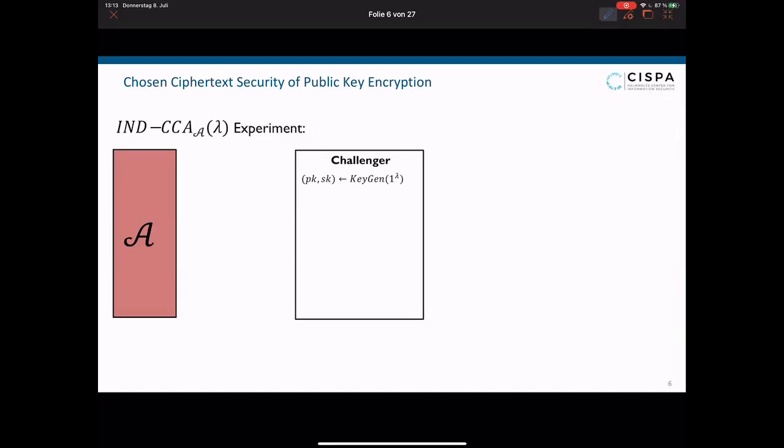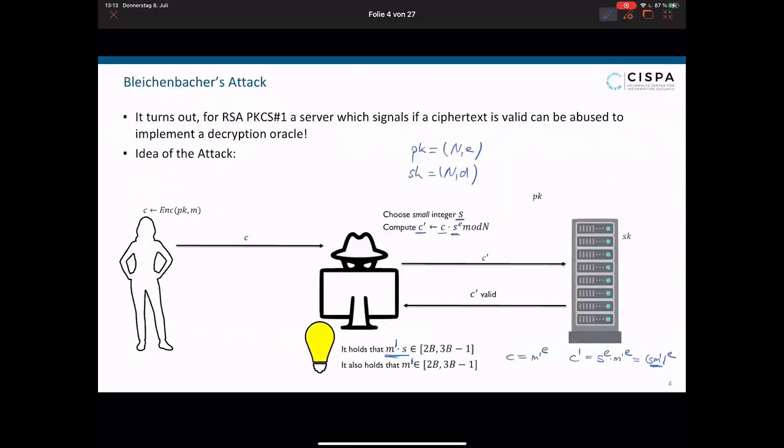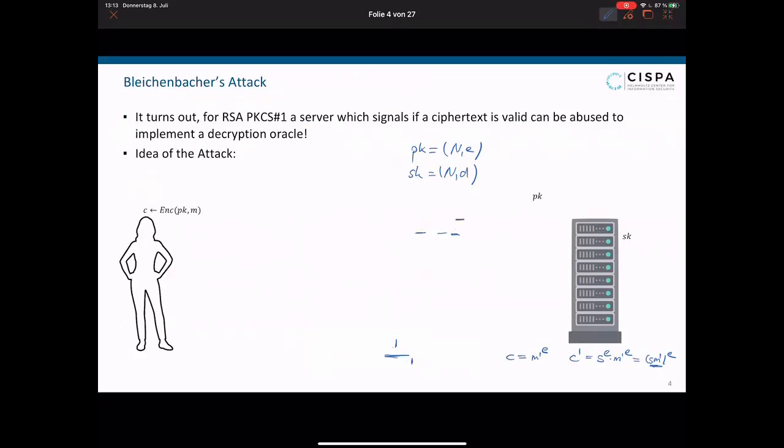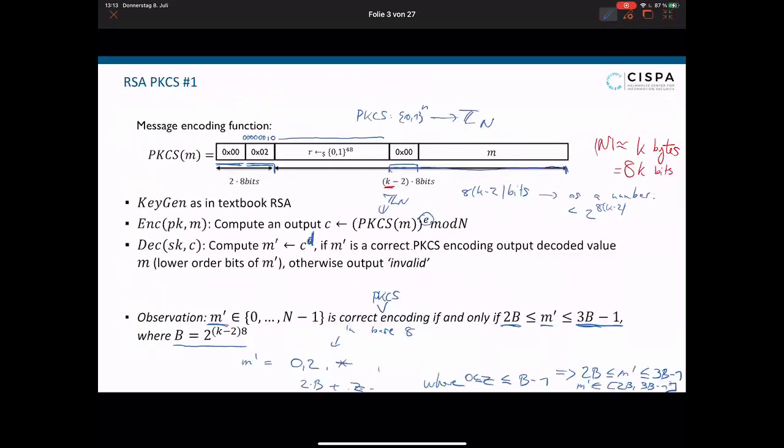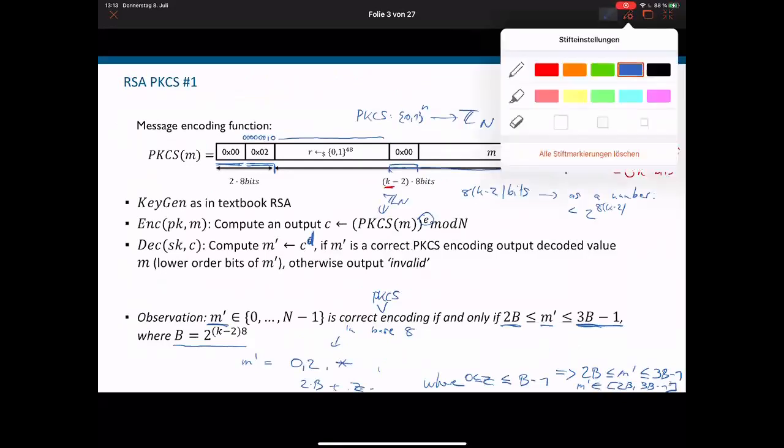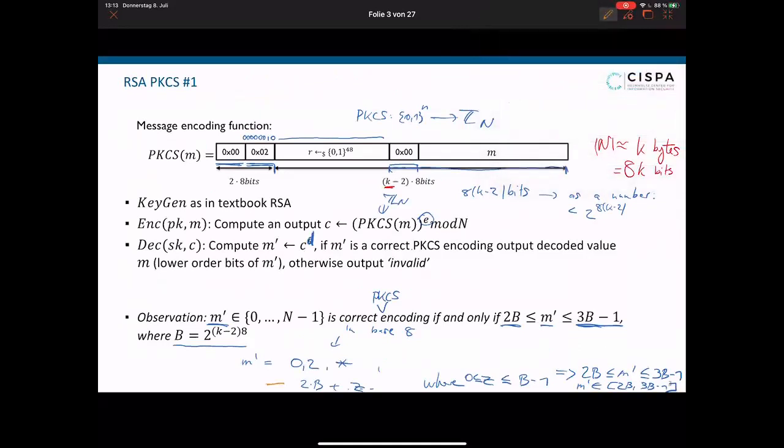Someone is asking me privately on the chat, does this have anything to do with the 0x02 earlier mentioned? And the answer is, of course, yes. The 0x02, as I've discussed earlier, makes sure that, let's go back, we have a bit of time, your encoding M prime is of the form 2b plus z, where z is between 0 and b minus 1.